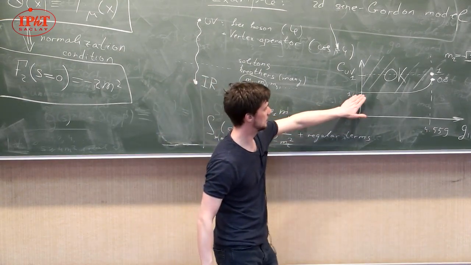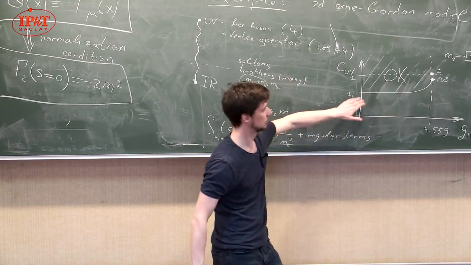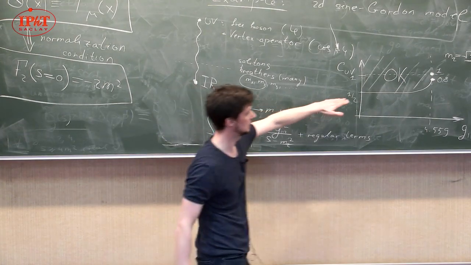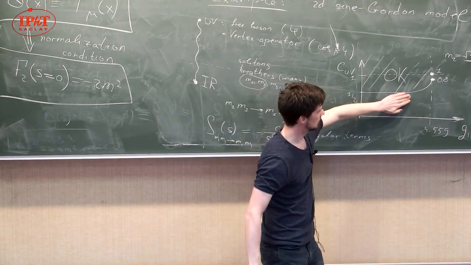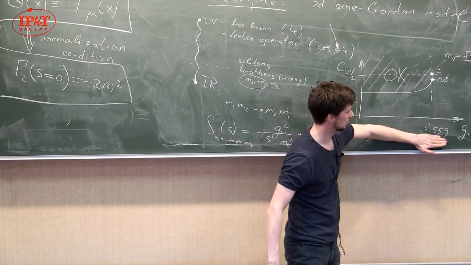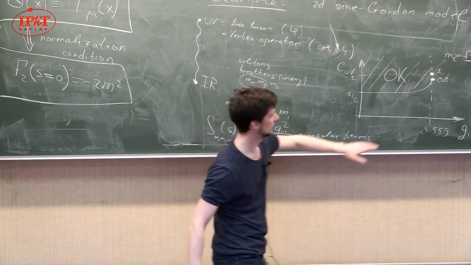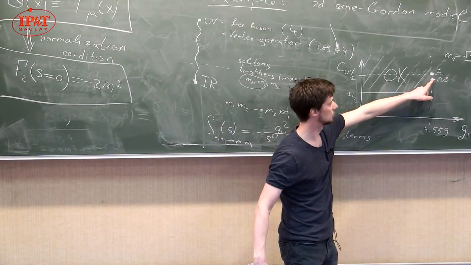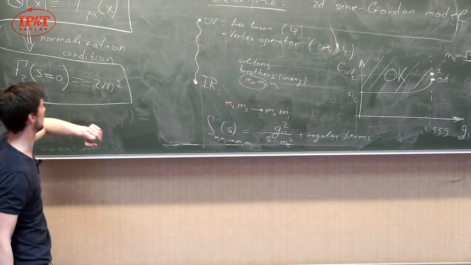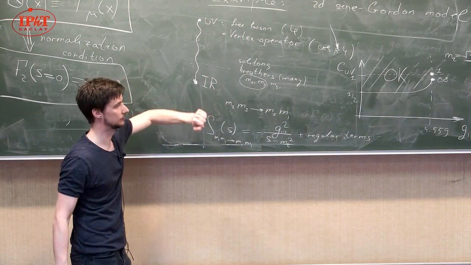And automatically it gives you, in this case, the value 1/2, which corresponds to the well-known result for these CFTs. But as soon as we start approaching this critical value of g, the value in the integrable Sine-Gordon model, the bound shoots up and tries to reach 1. And 1 is the value in the standard normalization of the free boson, because I would like to recover the free boson in the UV.